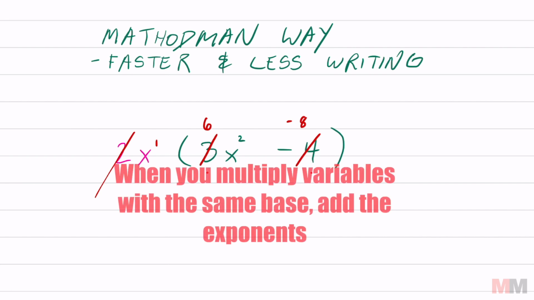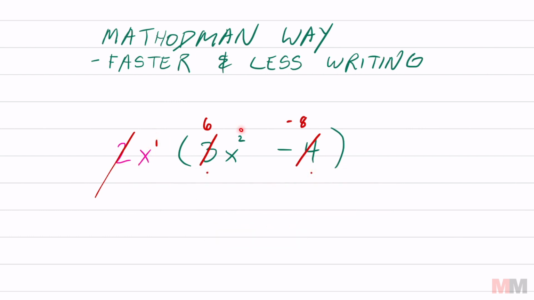The reason why I wrote a 1 out here is because all that's going to do is that any term inside with an x, the exponent is going to increase by 1 because you're adding the exponents. And if it doesn't have an x, then just slide an x right next to it because this has x to the first power. So then what that's going to do is turn this x squared into x to the third, because if I multiply x times x squared, it's x to the third.